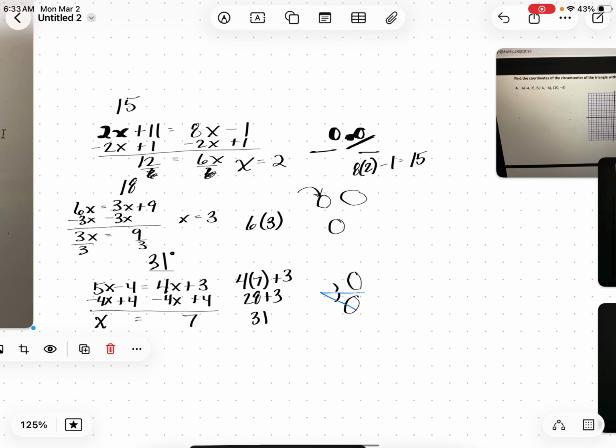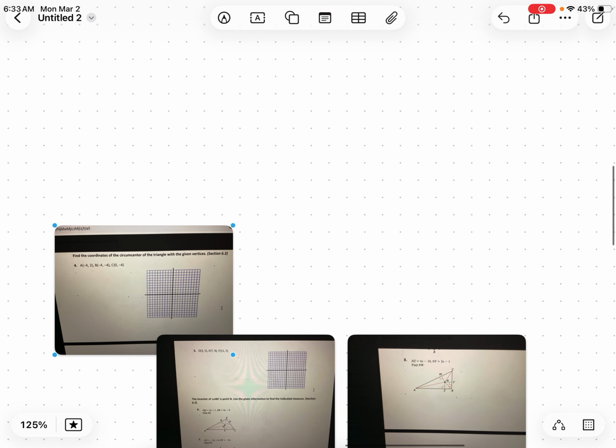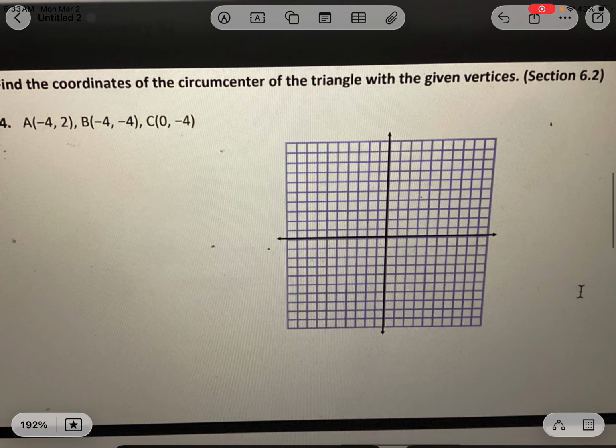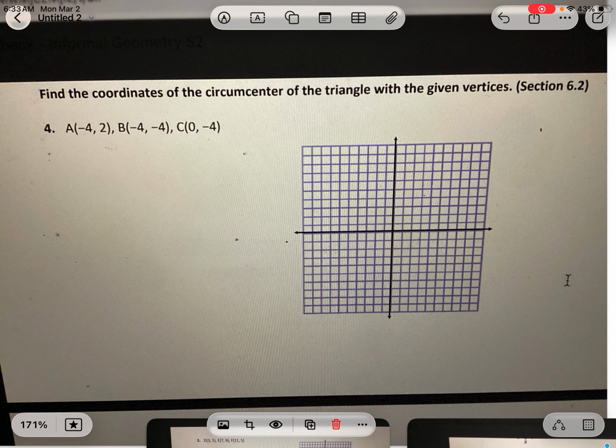Shove that off to the side. And let's see, where was that here?